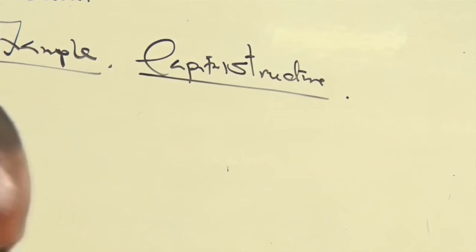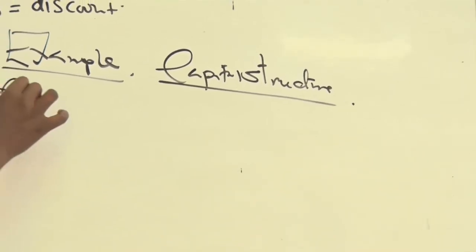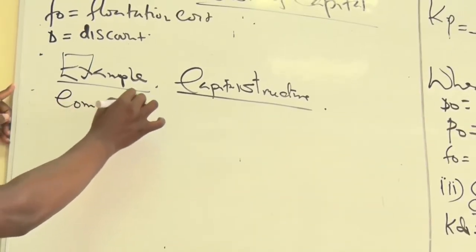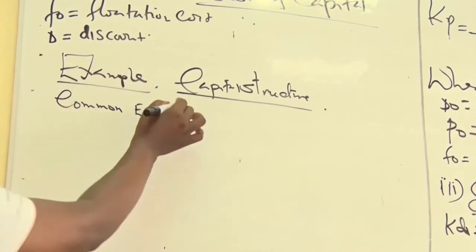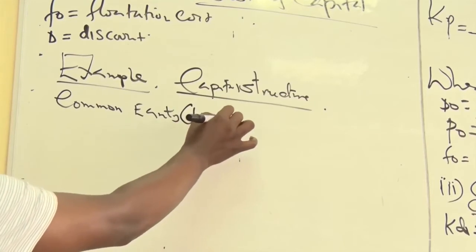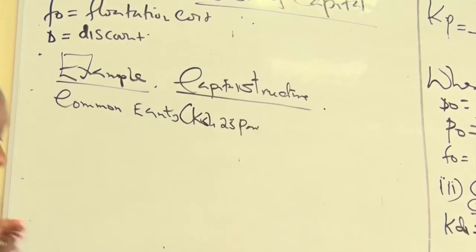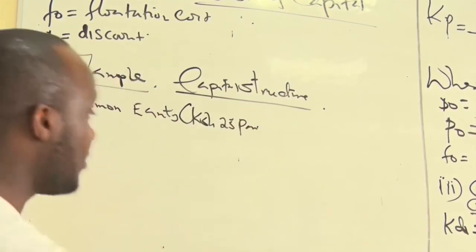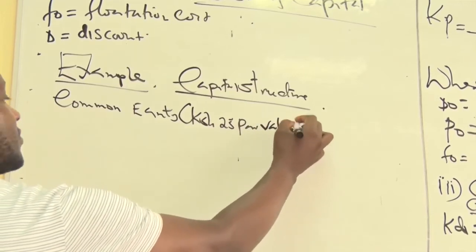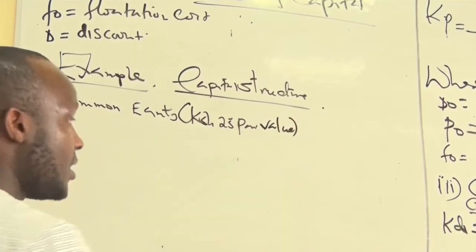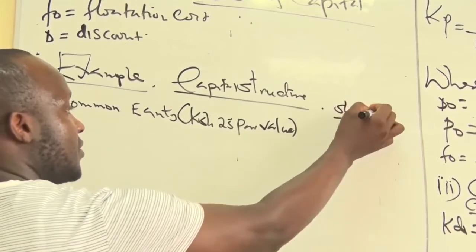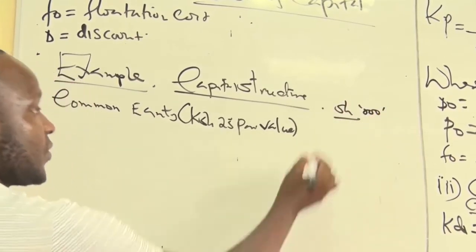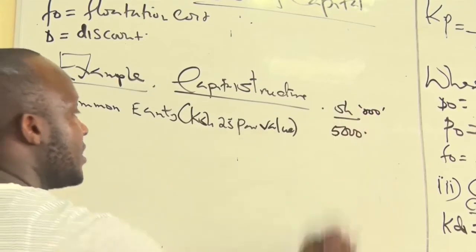So number one is the common equity, Kenya Shillings 25 par value. The amount here, in terms of thousands, is 5,000.